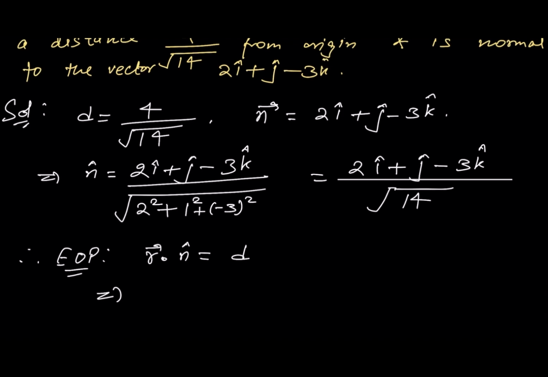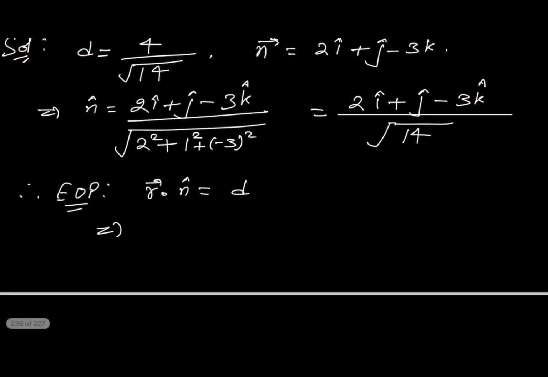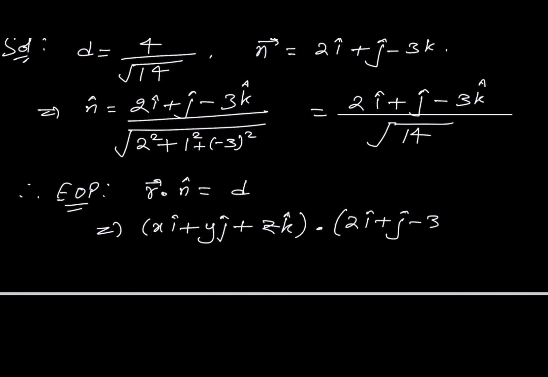Here r is xi cap plus yj cap plus zk cap, dot n cap, which is 2i cap plus j cap minus 3k cap on root 14, is equal to d.